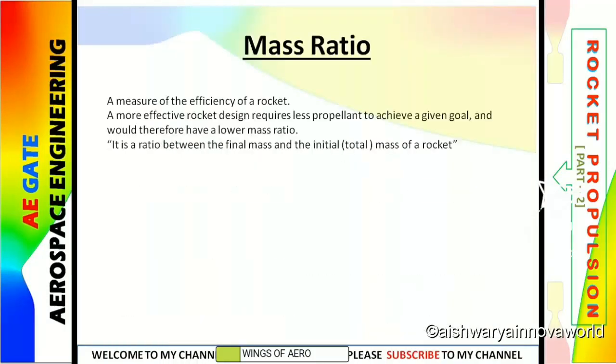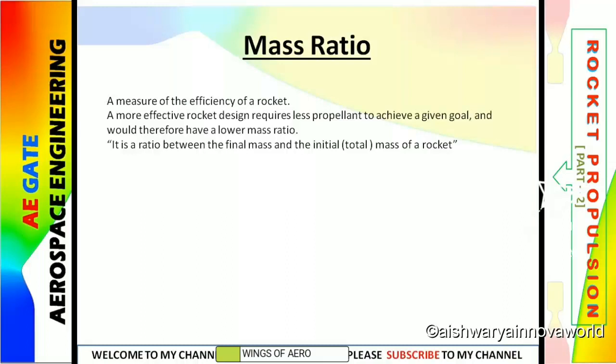Now I will come to a very basic nomenclature, the mass ratio, a measure of the efficiency of a rocket. That is the mass ratio. And what is the implication? A more effective rocket design requires less propellant to achieve a goal and would therefore have a low mass ratio.